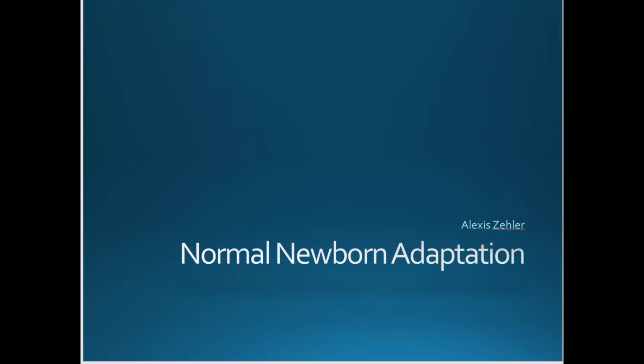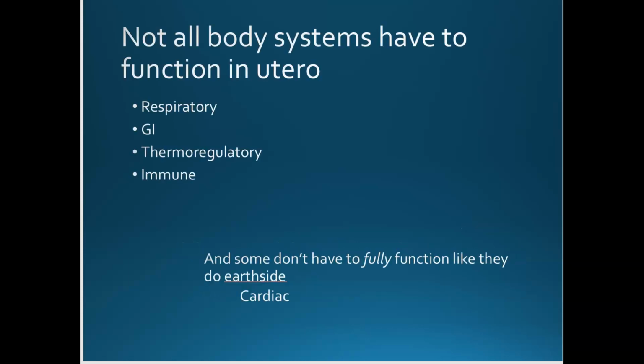So to start with understanding this content, we have to understand that not all body systems in a fetus have to function in utero, or some of them don't have to function fully. So for instance, respiratory. The baby's respiratory system is not responsible for oxygenating its body. The blood goes to the mother via the umbilical cord and placenta.